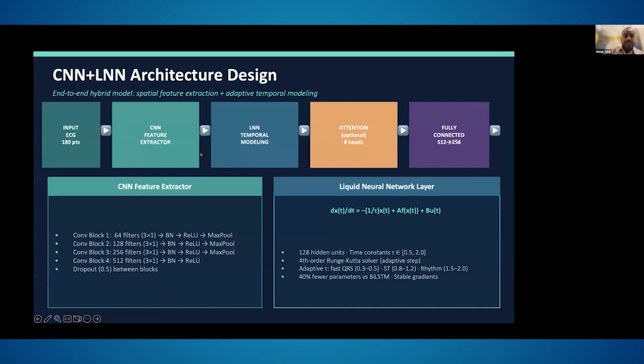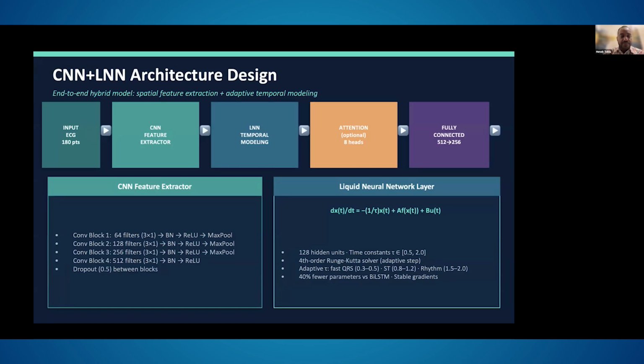So what is the architecture that we used? As I told you, we have combined the power of CNN and LNN. CNN helps us distinguish spatial features, and the LNN helps us map adaptive temporal modeling. So we have an input from ECG. We just have 180 points.